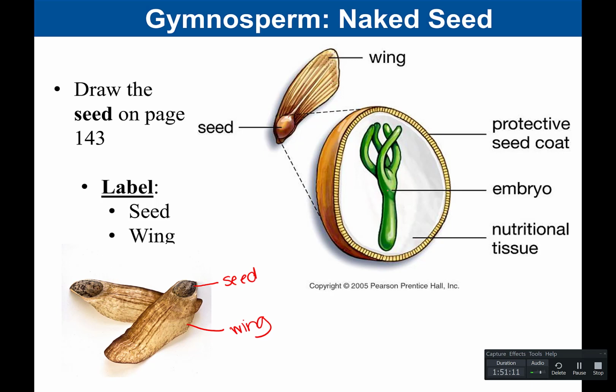And then the seed is going to be dispersed by wind, and the seed is going to germinate, and the plant is going to sprout out, and we're going to end up with our large diploid sporophyte tree for the gymnosperms. And so again, gymnosperms are also sporophyte dominant. So you need to draw the seed, label the seed, and the wing.